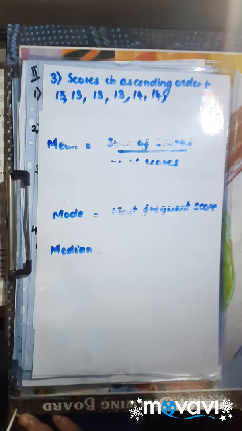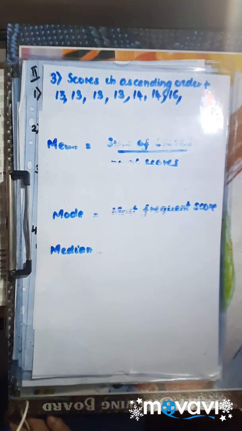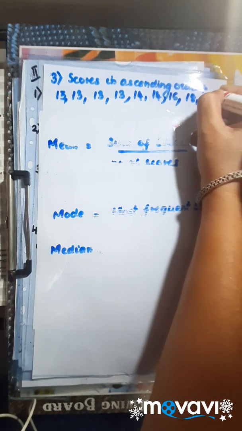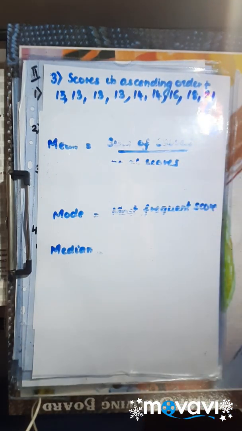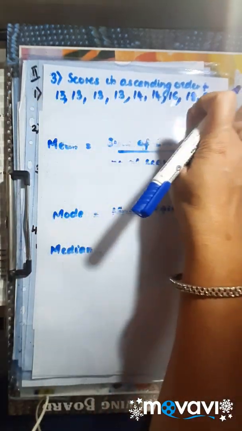Then 16. After 16 you have 18 and then 21. Okay, how many scores? 1, 2, 3, 4, 5, 6, 7, 8, 9 scores are there altogether.